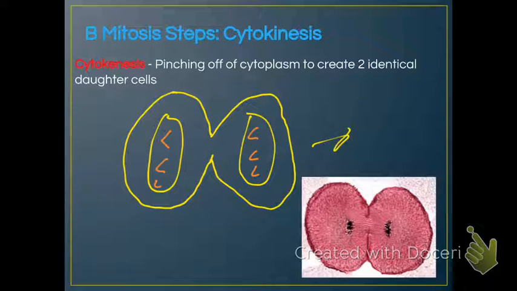So that eventually you'll get two cells with a nucleus, and I'm just going to color this orange because that's where the DNA is, right? So you can kind of see. So cytokinesis is the actual pinching part, where the cytoplasm starts pinching into two, right here, it starts pinching into two different cells. Okay?